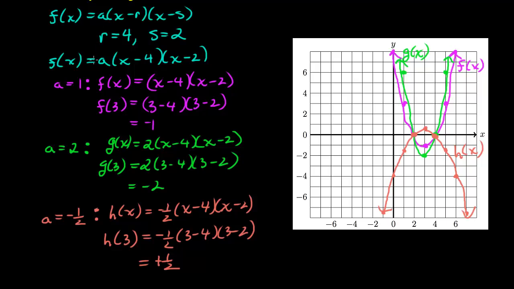So the equation for the quadratic functions with given zeros 4 and 2 is f of x is equal to a times x minus 4 times x minus 2, because a can be any real number except for 0, so where a is not equal to 0. And we can really get every quadratic function that has zeros 4 and 2 on this grid, but we were only asked to sketch 3 of them. So that concludes this video, and we'll see you in the next one.